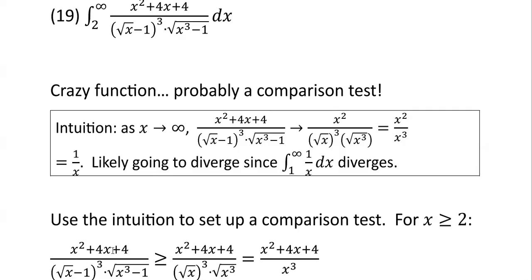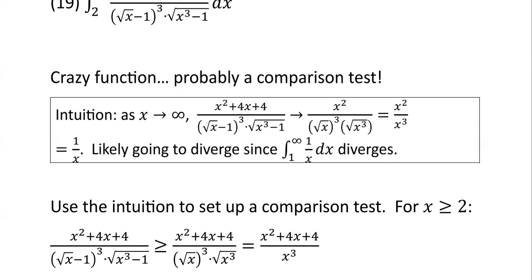Hopefully you would agree that it's greater than or equal to, I just touched the bottom over here, x cubed times the square root of x cubed, or square root of x, quantity cubed, times square root of x cubed. That's hard to say. Which if we simplify is equal to x cubed on the bottom. This is the exact same thing, actually. If you remember, you can rewrite these in different ways, just properties of radicals, which are properties of exponents.